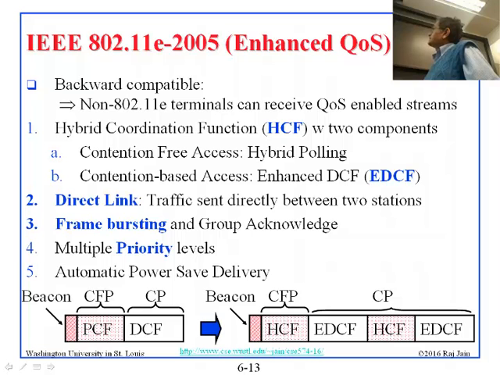Then there is enhanced DCF, which is contention period. But contention period is in 3 parts: enhanced DCF, HCF, and enhanced DCF again. So there are 2 kinds of coordination function here: contention based and contention free.